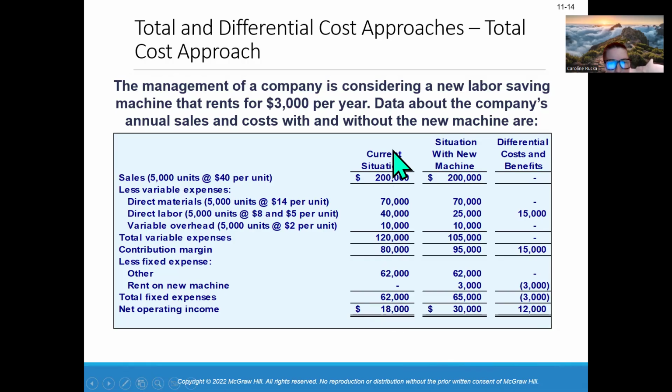On the far left, this is our current situation. If we had the new machine, this is the situation. So our direct labor costs would go down.